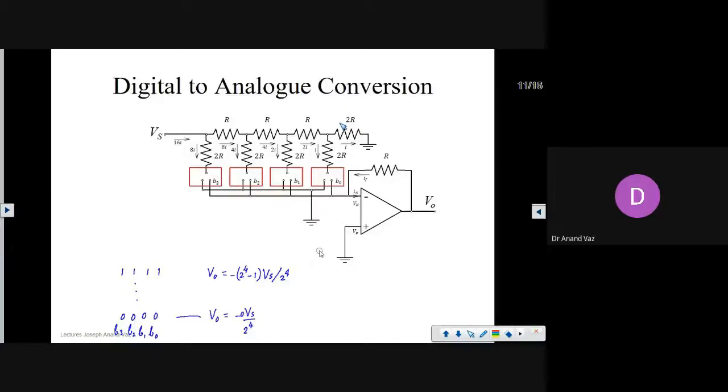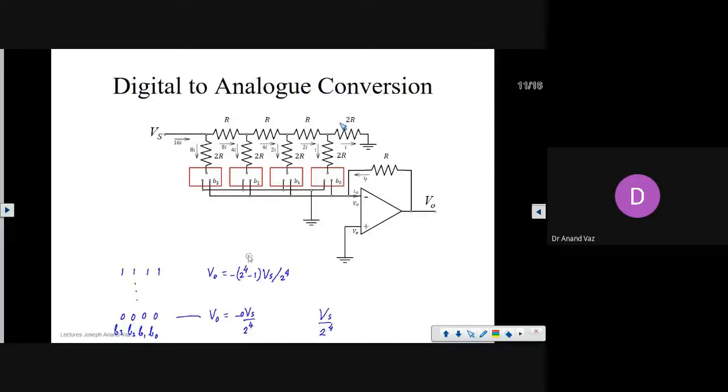If you want more accuracy, suppose your Vs is just 10 volts, and you're making a 4-bit representation. So the smallest value of voltage increment that you can have will correspond to Vs divided by 2 raised to 4. Now, in this case, it is going to be Vs divided by 16.